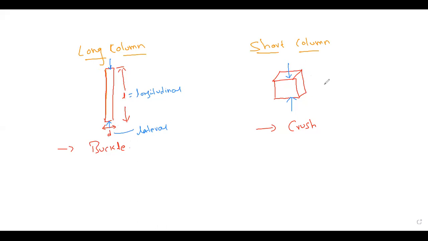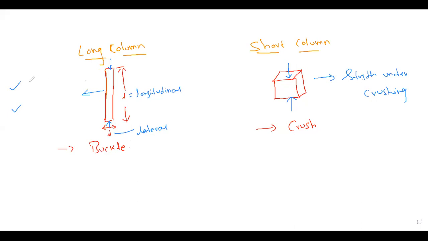So short columns should have strength under crushing. Long columns should have strength towards two parameters. Long columns should be able to resist two parameters.